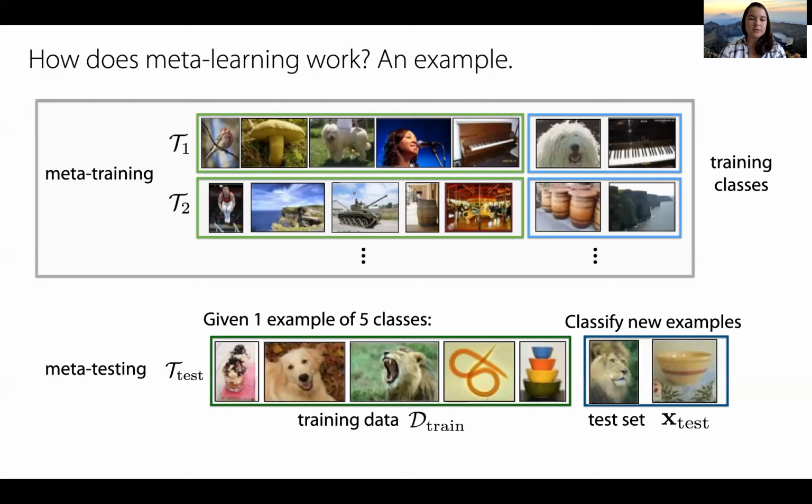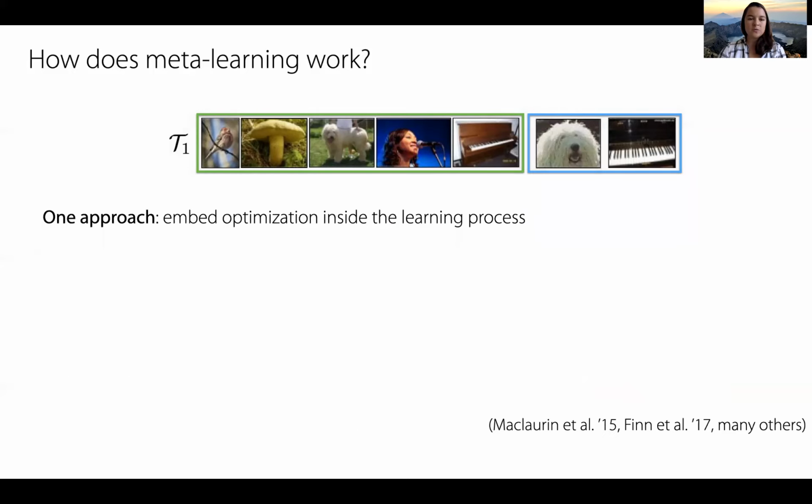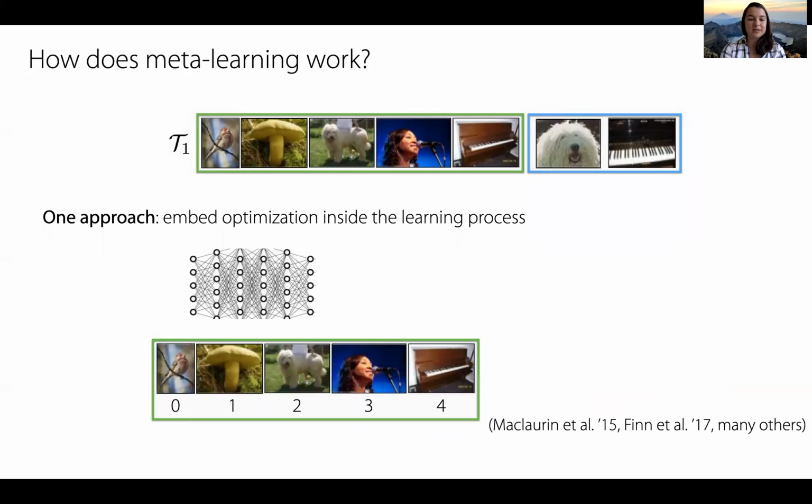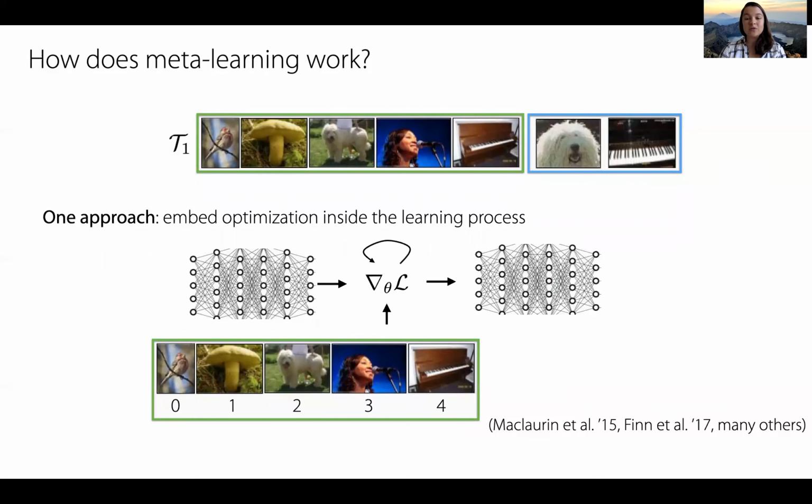And one approach for doing this is to embed an optimization process inside the learned learning process and train that overall learning process in a way that generalizes with a small amount of data. So for example, we might have some set of initial parameters. We then take our tiny training data set that's labeled with corresponding labels. We run gradient descent starting from the initial parameters to get a new network.